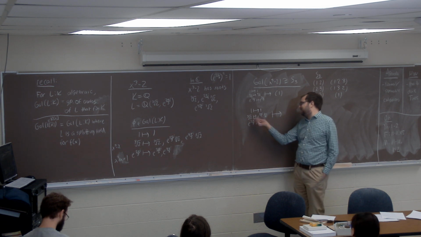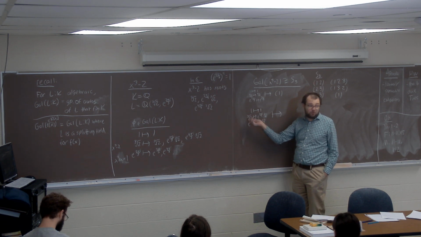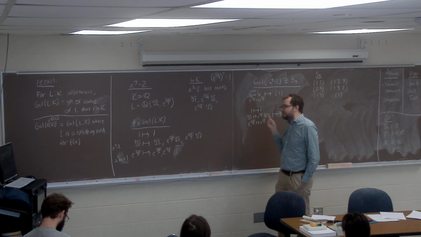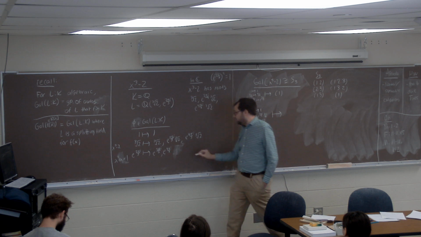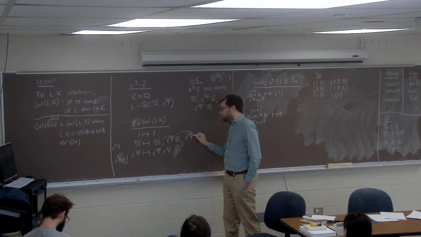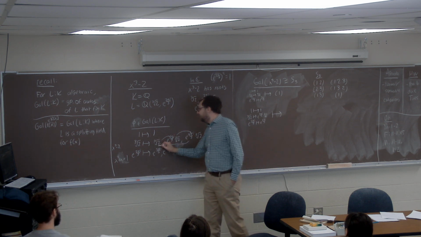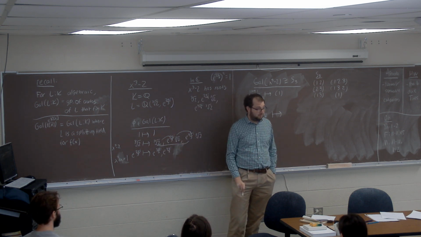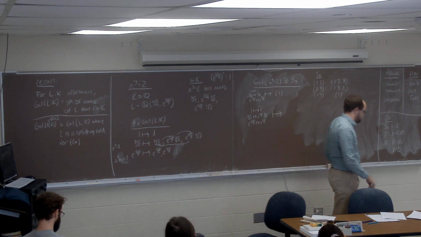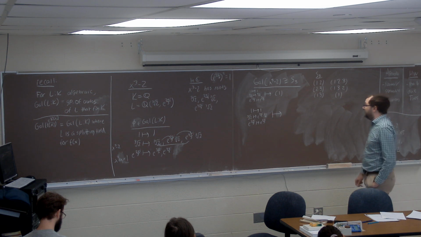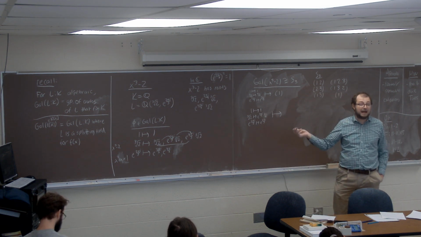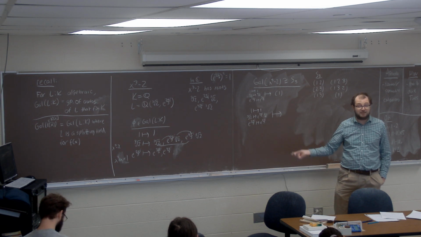In other words, it's because this is a function of order 3. If you do this function 3 times, you basically multiply by e to the 2 pi i over 3. If you do it once, that'll map here to here. You do it again, that'll map cube root of 2 to here. You do it a third time, it'll end up back where you started. And everything else will end up back where it started, because it's fixed. Therefore, if we compose 3 copies of this function with itself, it would give us the identity.